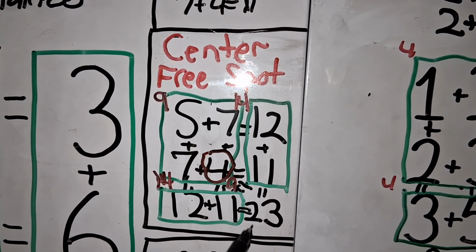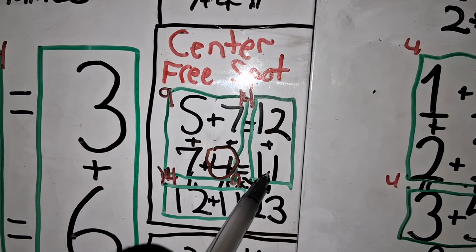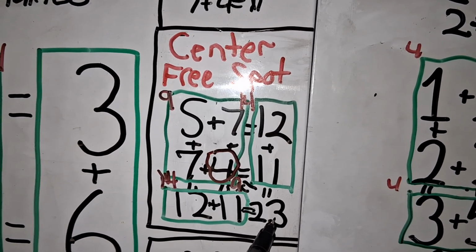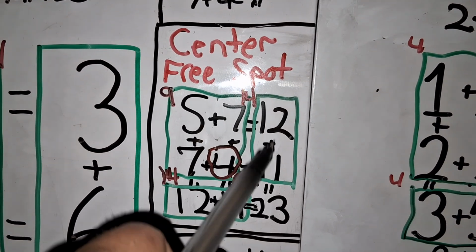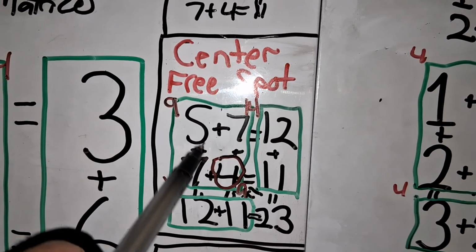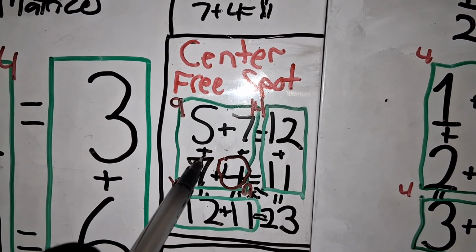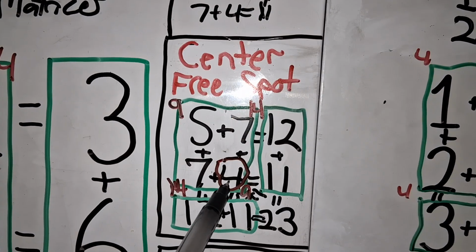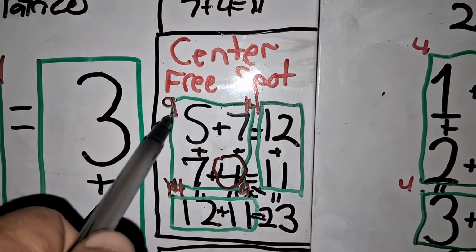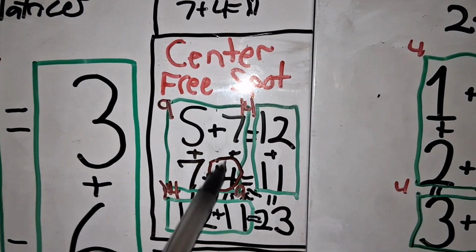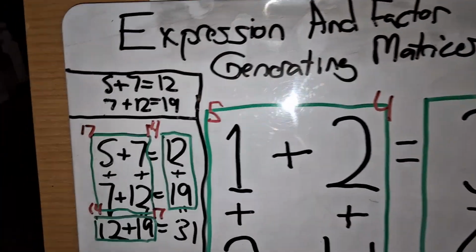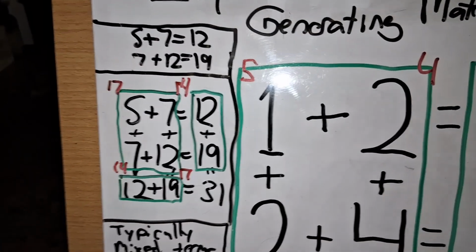But then I brought the 12 down, 12, 11, to cap it off. And that equals 23. And you'll find that 12 plus 11 is 23. And 5 plus 7 plus 7 plus 4 is 23. And also these extra expressions, 9 plus 14 is 23.